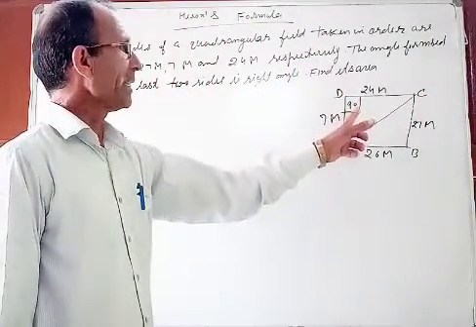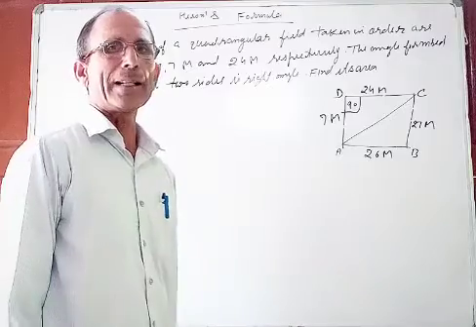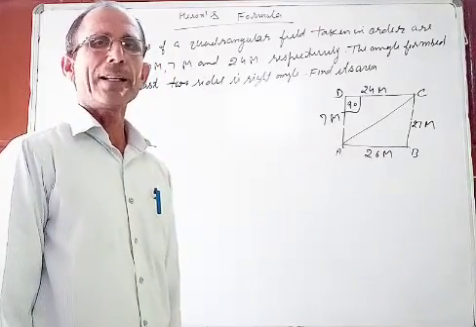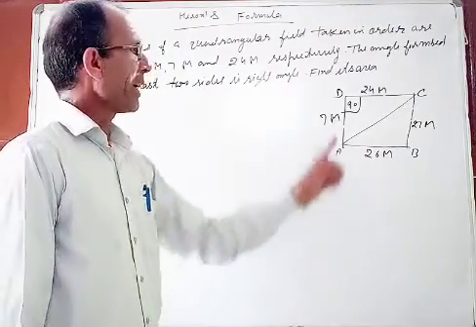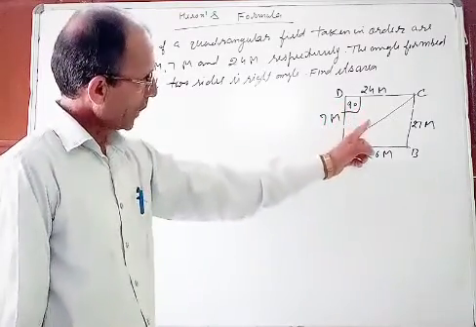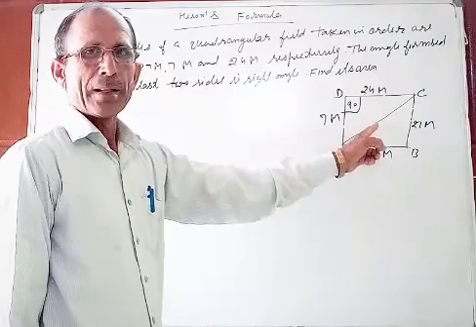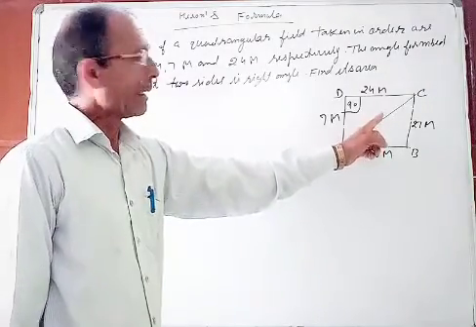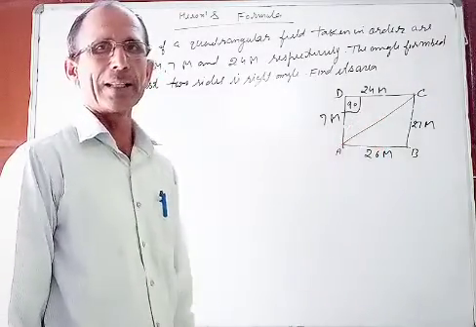After joining AC, ADC is a right angle triangle, and in a right angle triangle you already know that by using Pythagoras theorem we can find the hypotenuse. So first I will find the diagonal of this right angle triangle.